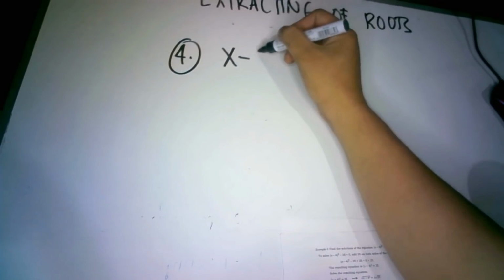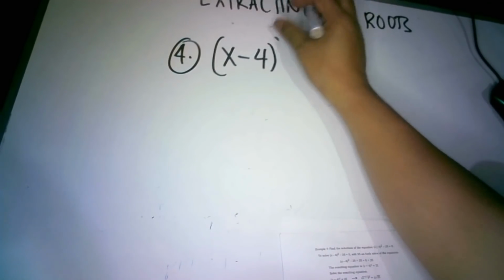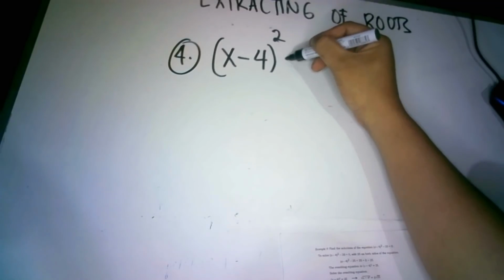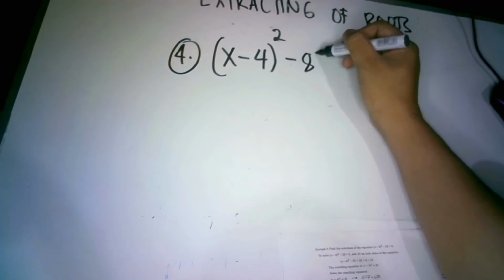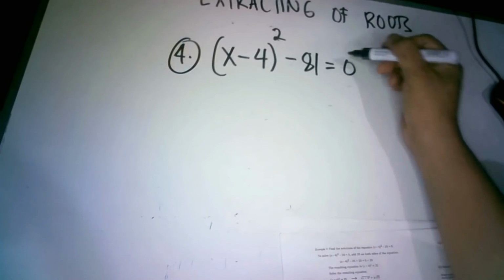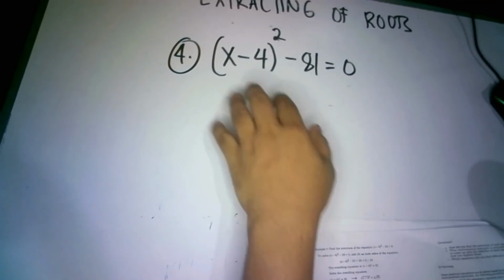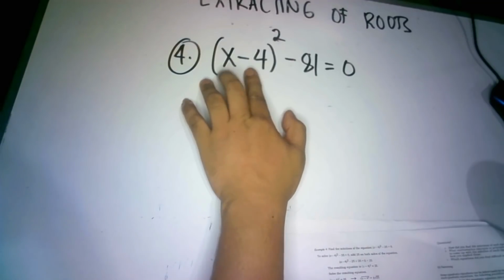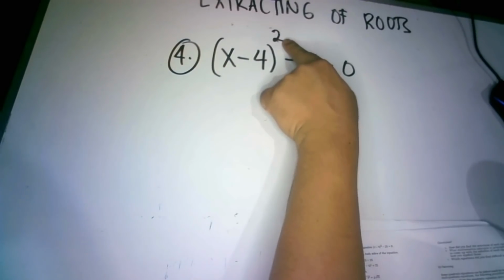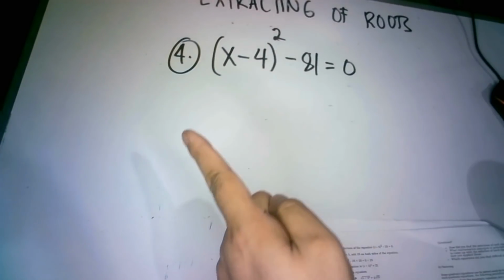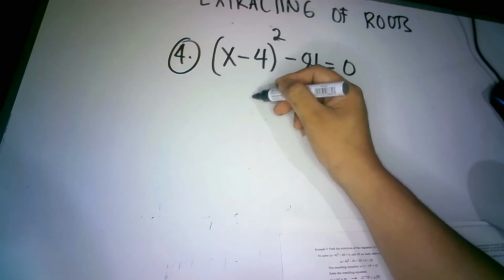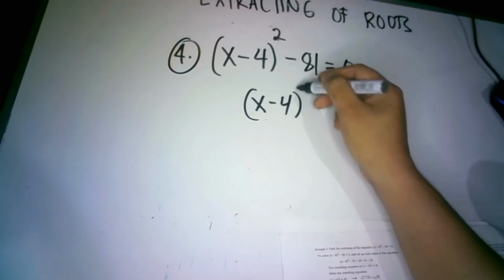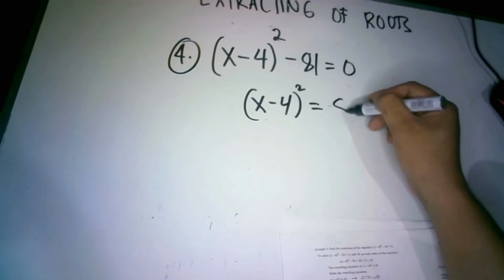Okay, another example. Let's say (x - 4)^2 - 81 = 0. You can see that it is a binomial raised to 2. What we do, like in number 3, is separate it: (x - 4)^2 = positive 81.